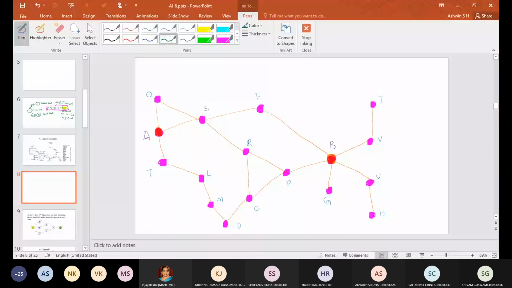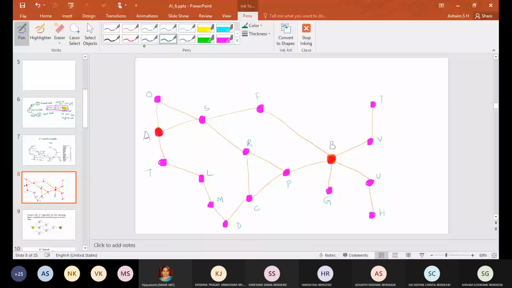The same problem you can apply to the traveling salesman problem also. Here the question is you have to find the path between A and B, which direction you have to go, or which traversal you have to make so that you reach from A to B with the minimum distance.